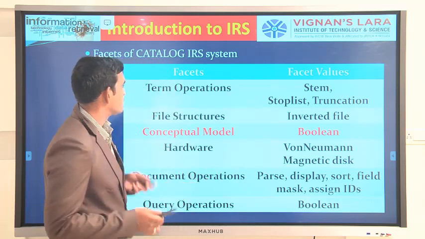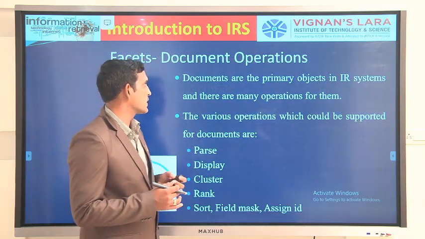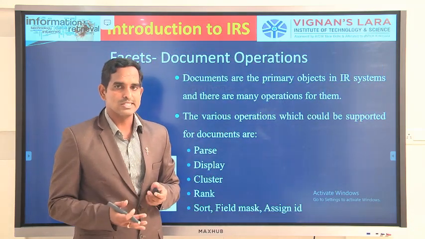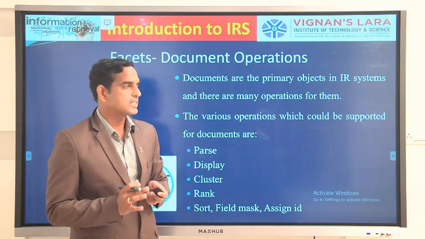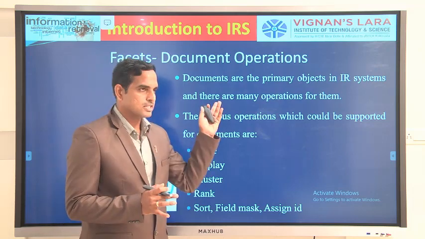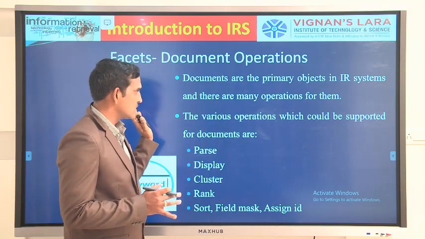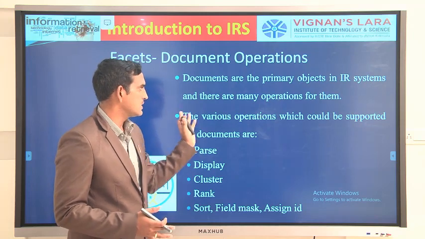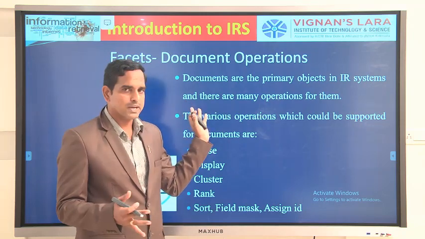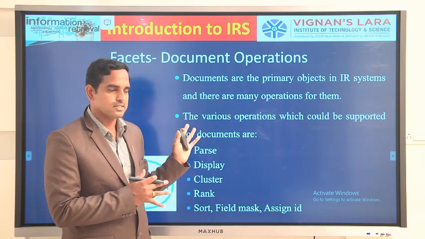The next facet we are looking at is what document operations are supported by information retrieval systems. Documents are the primary objects in your information retrieval systems, and there are many operations supported by the system.